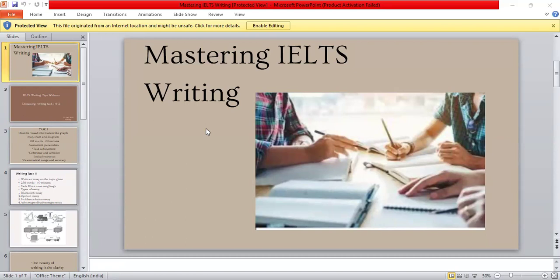Make sure that you are using the vocabulary you know. Most IELTS trainers, or at least some IELTS classes, encourage candidates to memorize advanced or high sounding vocabulary.